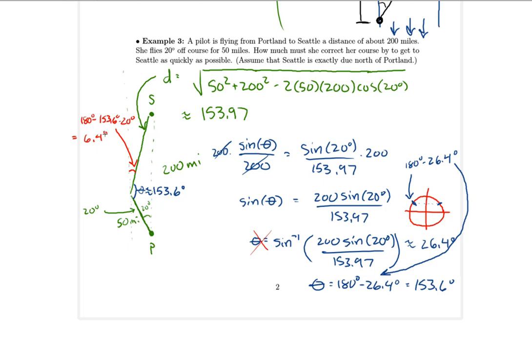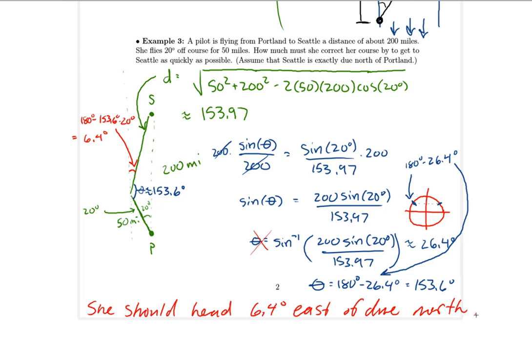So what I can say is that she should head 6.4 degrees east of due north.